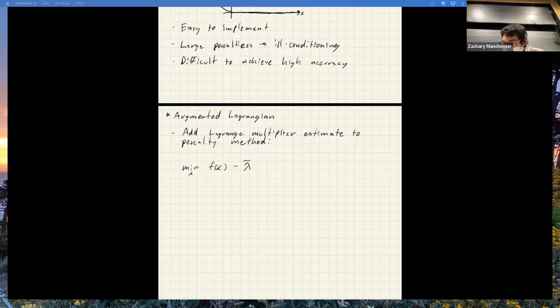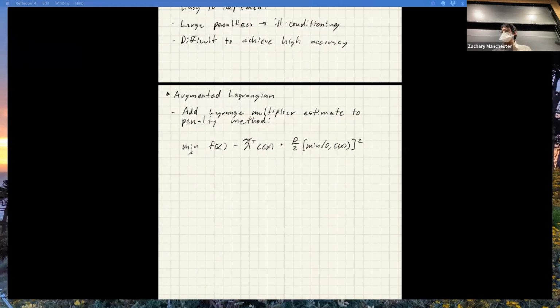I'm going to write a little tilde on this lambda to indicate that it's not the exact Lagrange multiplier. This looks pretty much exactly like the Lagrangian we had before, plus the penalty term, right? We write it like this, L sub rho, x, and then lambda tilde. This is called the Augmented Lagrangian.